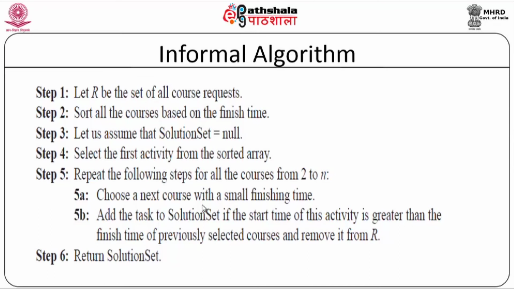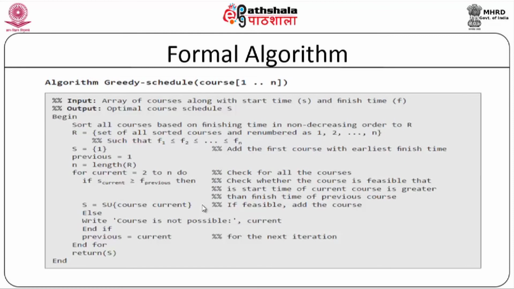You can see that for course selection, we start a loop, we select an initial course, take the next course and check whether it is feasible to schedule, or otherwise we reject that. This is the formal algorithm.